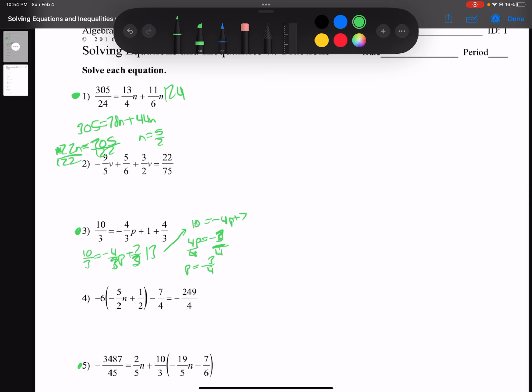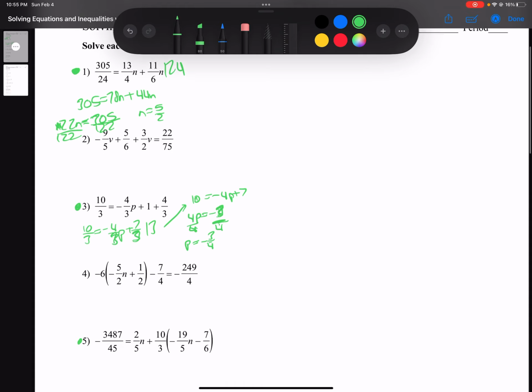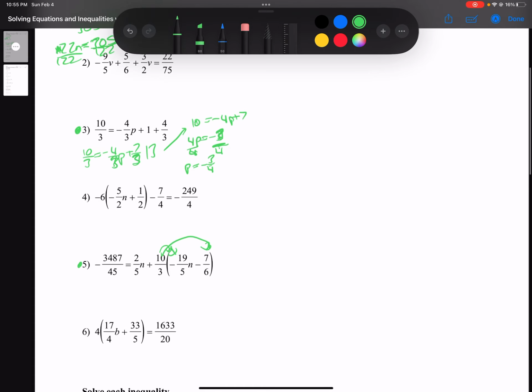Next question, question 5. So you guys can pause it for a second and look at it. Okay, so what we're going to do first is use distributive property to distribute the 10 over 3 into the parentheses, right? So we get this number right here. We're going to keep it the same for now.